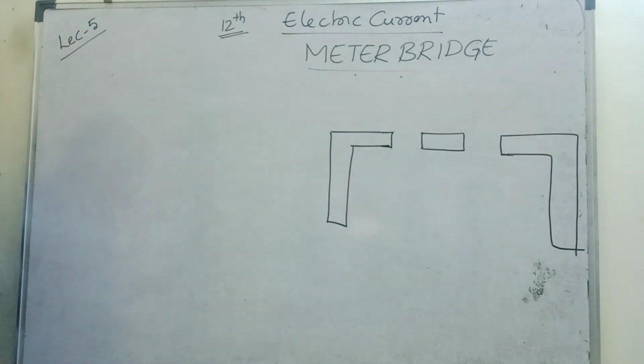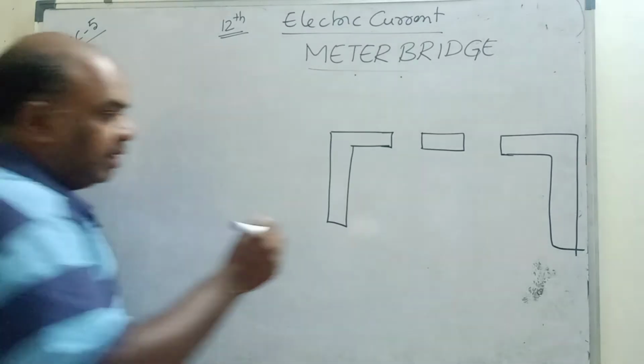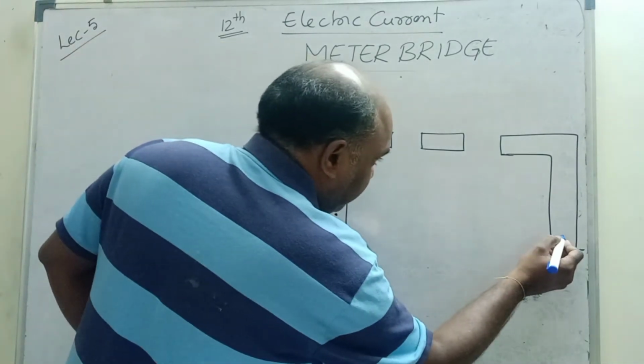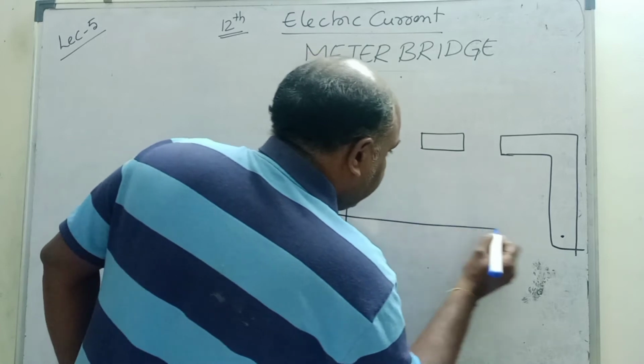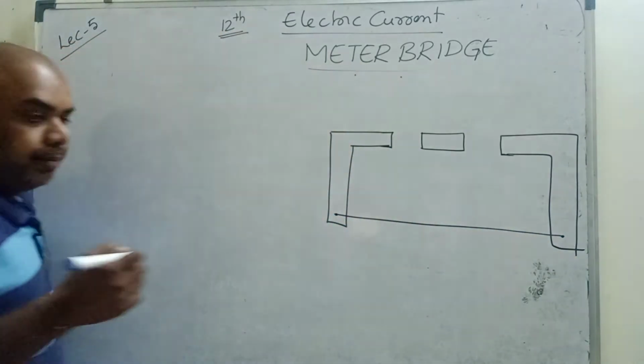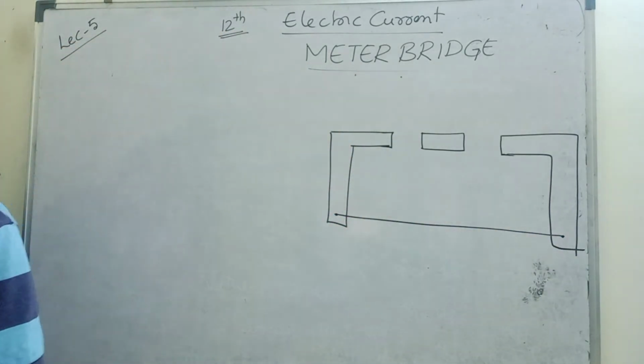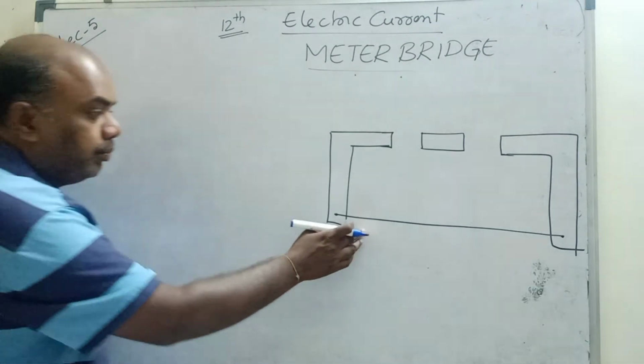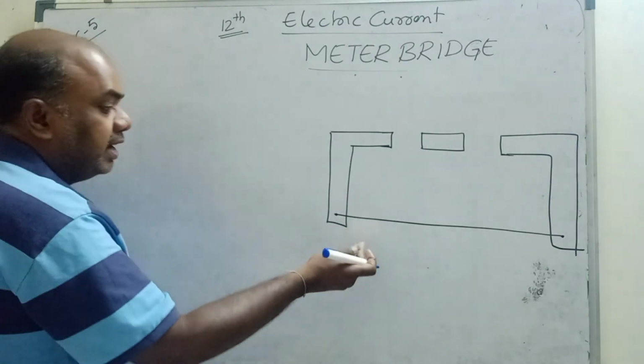These are all L-shaped copper strips. Here, between these two terminals, a 1 meter length wire is connected. Generally this wire is made up of an alloy, manganin or constantan.